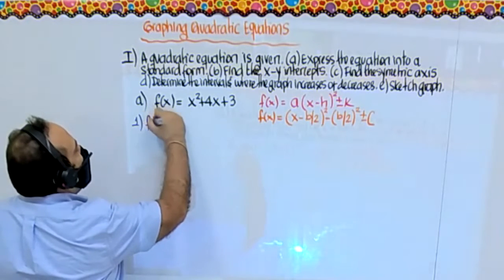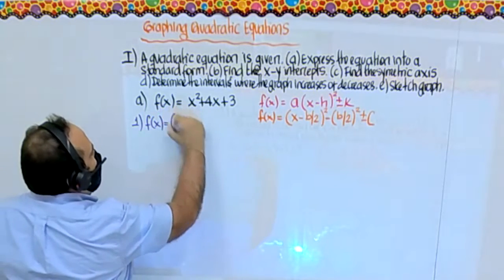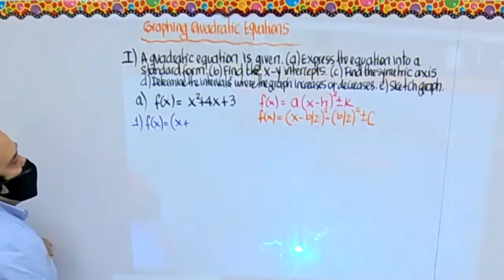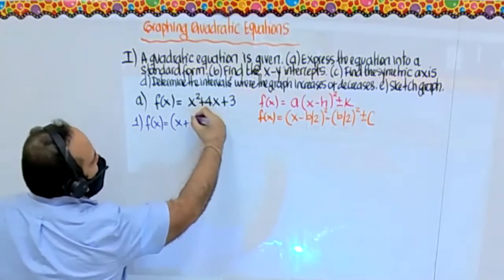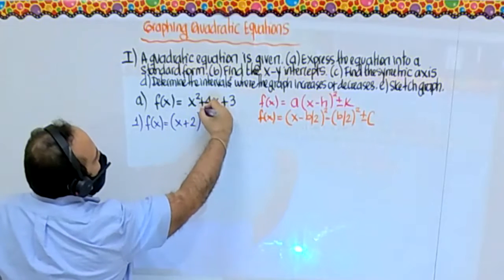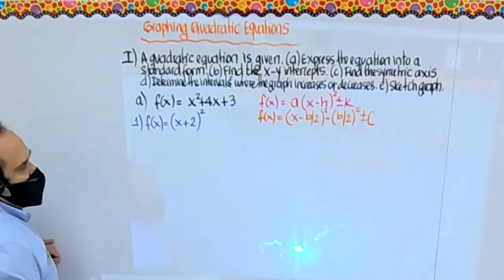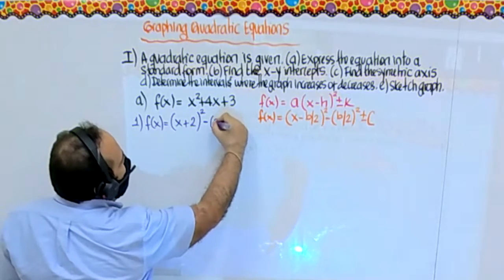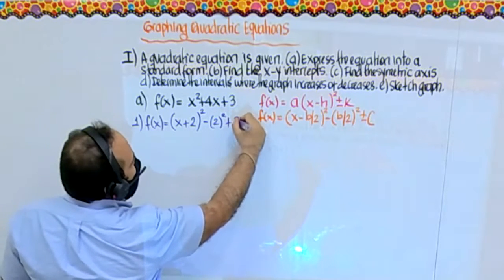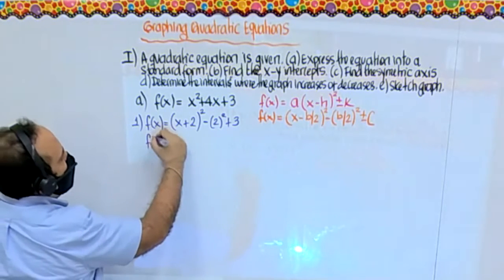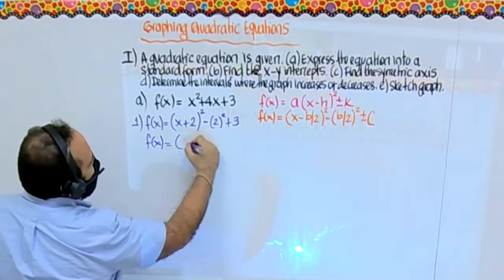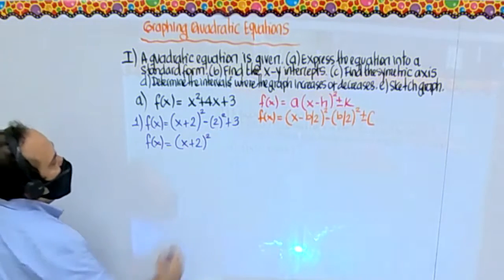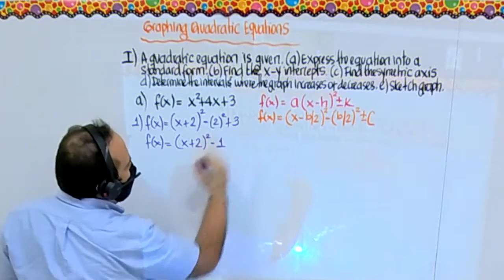So we get f(x) = (x + 4/2)^2 - 2^2 + 3, because that's a positive sign, and 4 divided by 2 is 2. In simpler words, f(x) is given by (x + 2)^2 - 1.